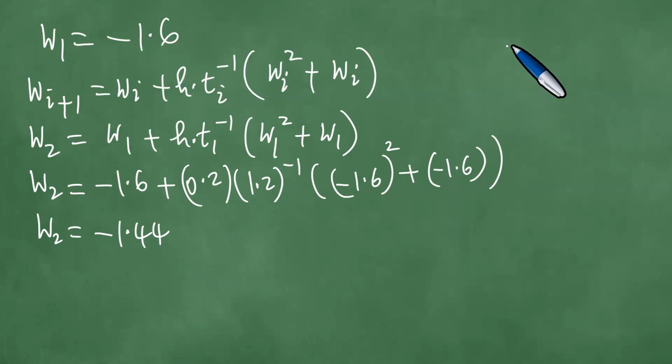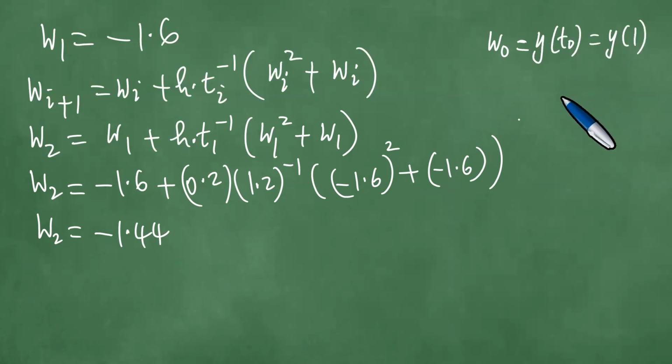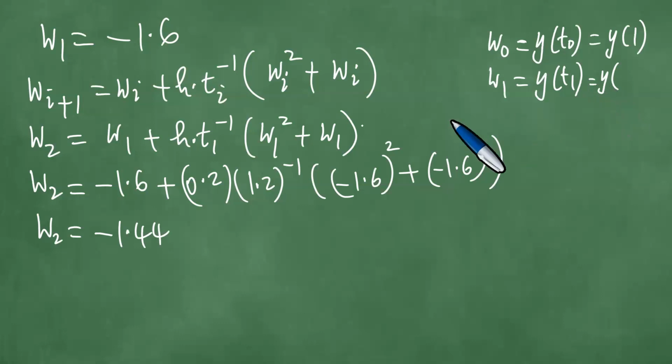But there are a couple of notes we need to take. W0 is y of T0, which in this case is 1. And then W1, which is at T1, which is 1 plus 0.2, because H is 0.2, so it's 1.2.